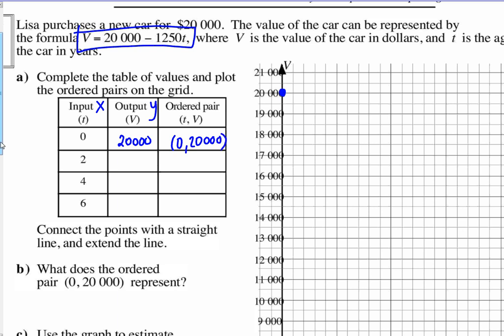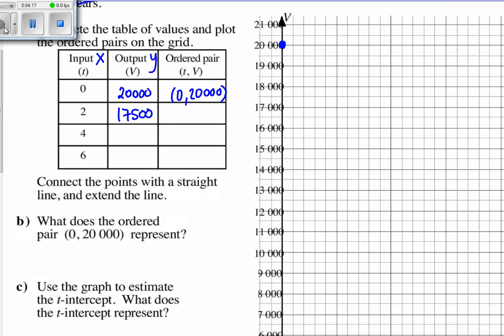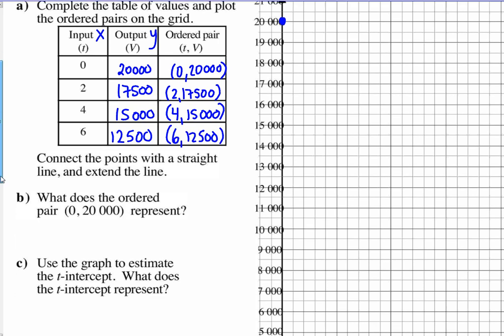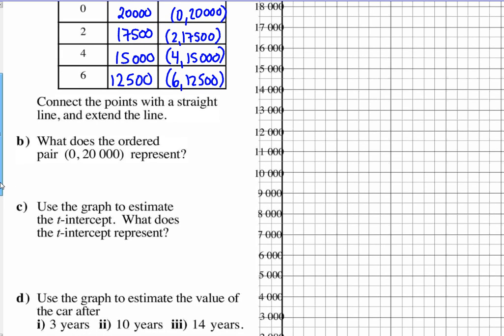Okay? Next one, type them in. Fill in the chart. Use the equation, fill it in. What did you get for 4? 15,000. Okay. And 6 then would be 12,500. Okay. So plot these.